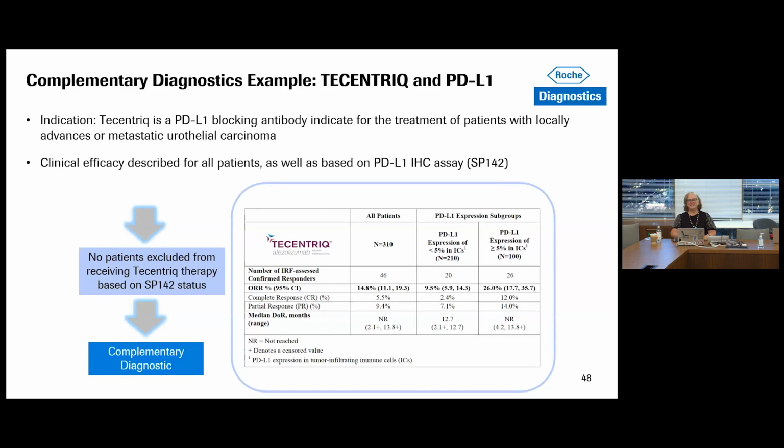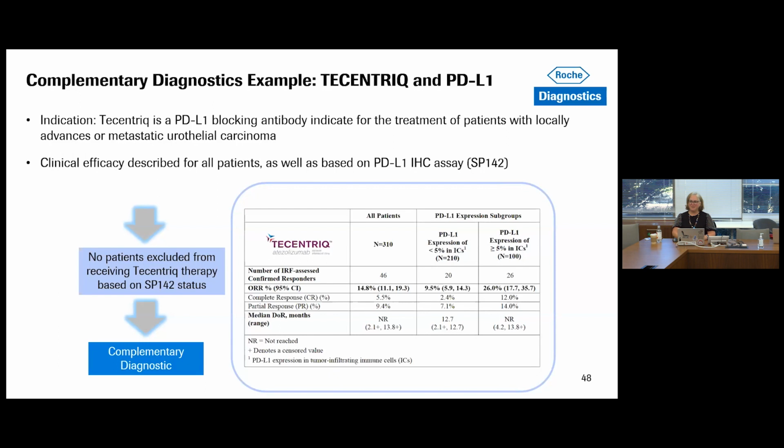So this is an example of a drug and a diagnostic developed together, early days of Tecentriq, atezolizumab, and the PD-L1 story. The initial internal plans were to have this be a companion diagnostic. So the PD-L1 test for Tecentriq in the case of bladder cancer was internally designed to be a CDx, straight up.